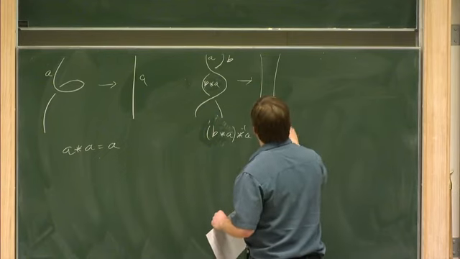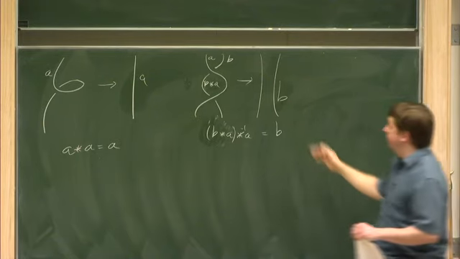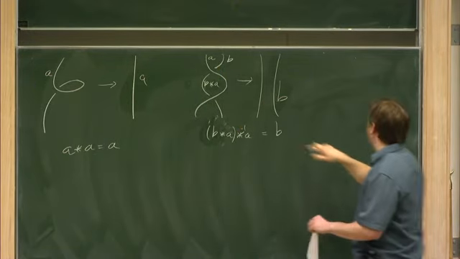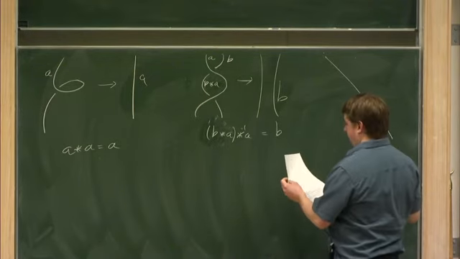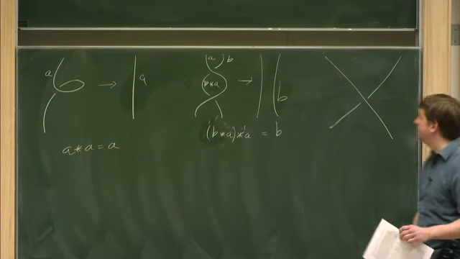So equals B. So this Reidemeister move corresponds to that second rack axiom. Isn't that the last axiom?